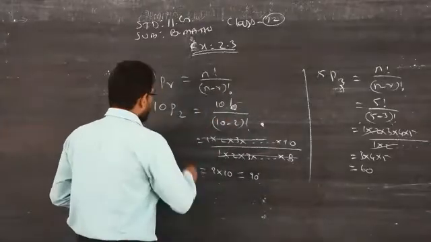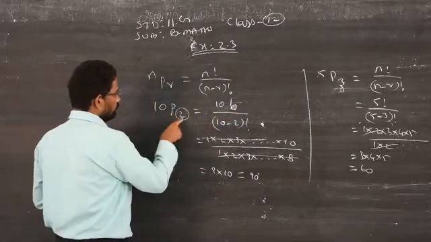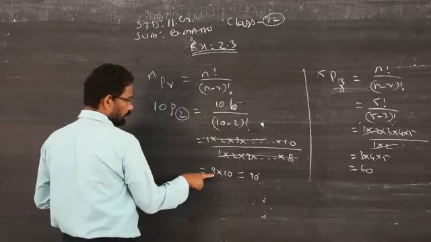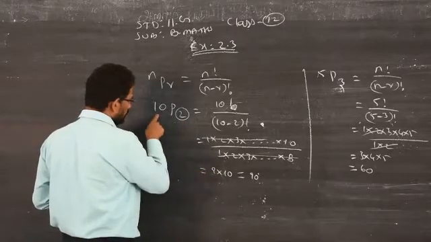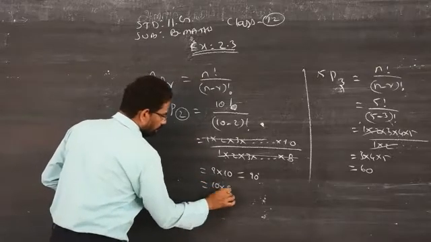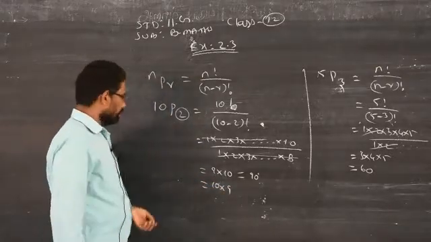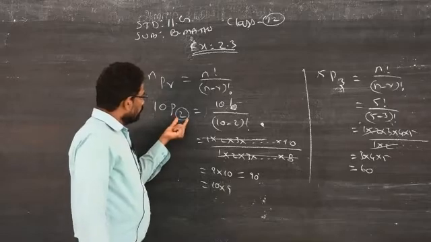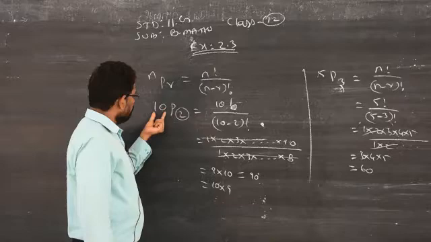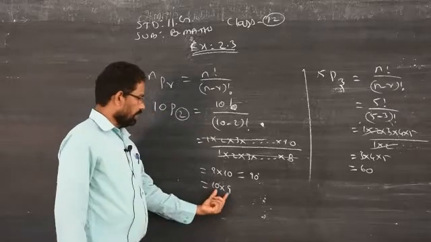For the permutation where you need to find only 2, how many numbers are there? 2 numbers, starting from 10. So 9 into 10, we can write 10 into 9 also. Both are the same. If there is a 2, you write 2 numbers in descending order right from 10, that is 10 into 9.